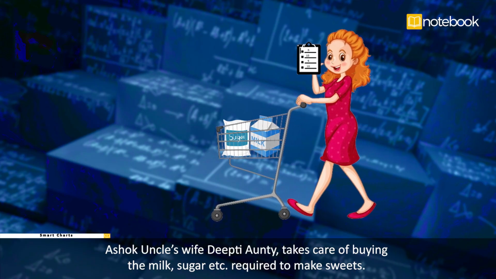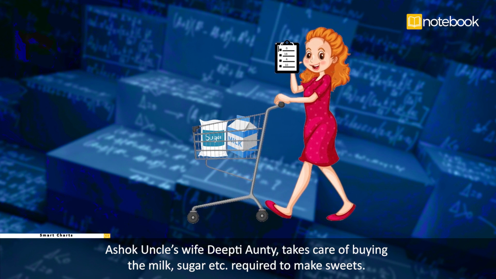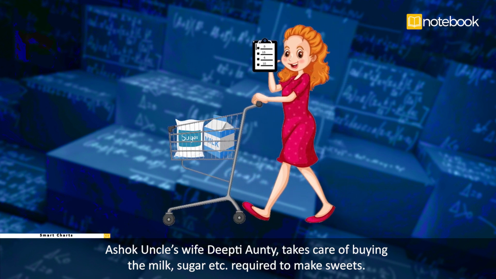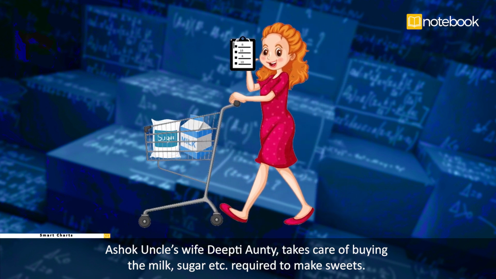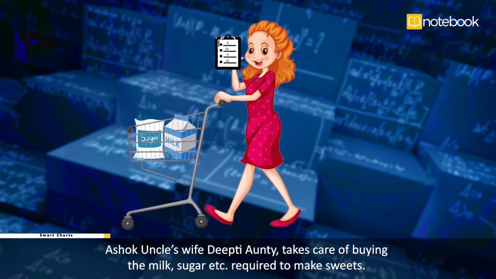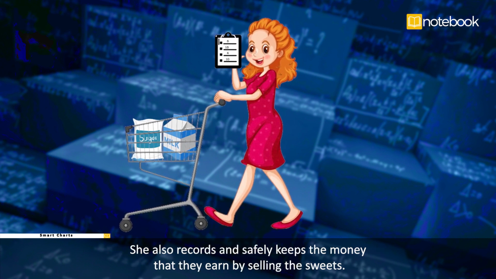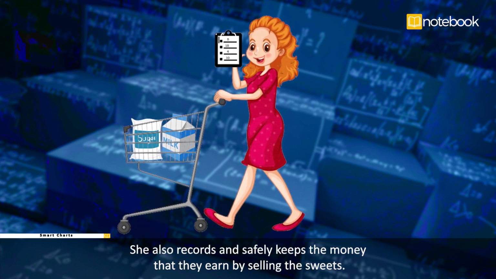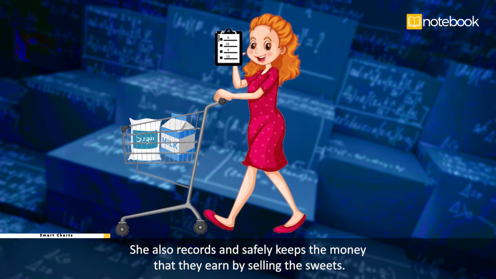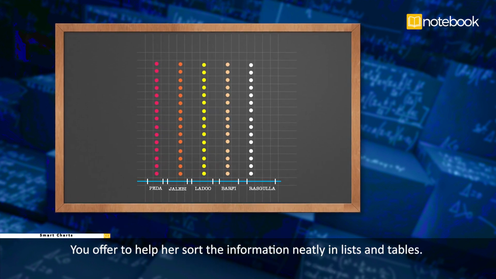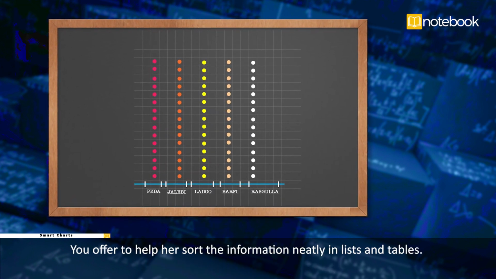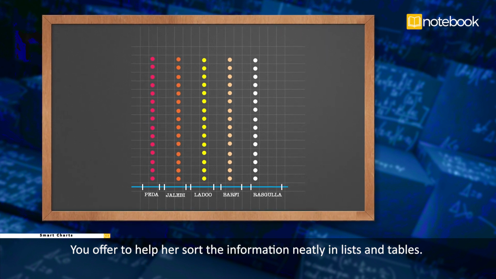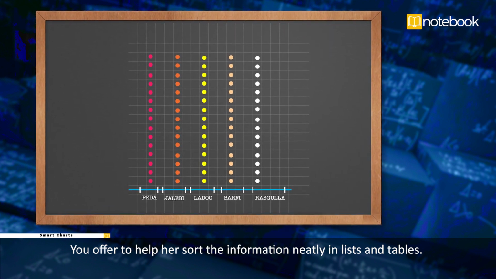Ashok uncle's wife, Deepthi auntie, takes care of buying the milk, sugar, etc. required to make sweets. She also records and safely keeps the money that they earn by selling the sweets. You offer to help her sort the information neatly in lists and tables.